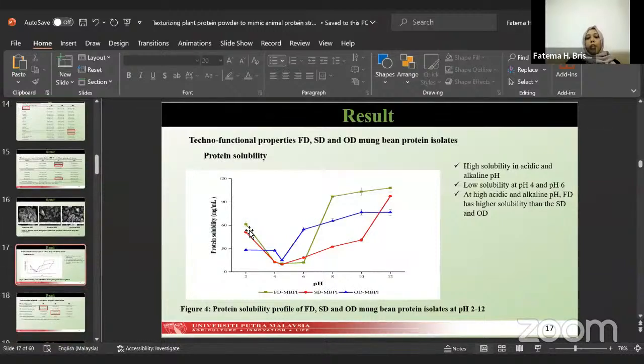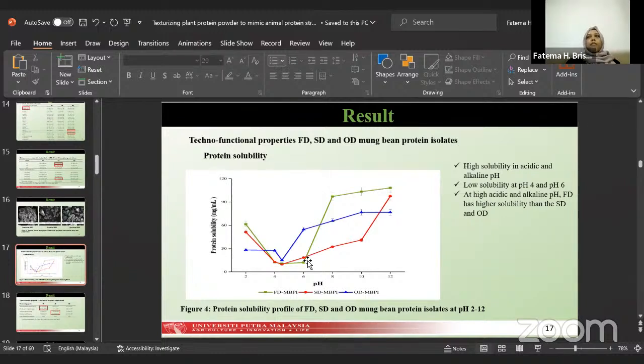Okay, so protein solubility just generally means how much protein can be solubilized in water. The solubility of protein is highly dependent on its pH. Usually, bean-based proteins are highly solubilized in acidic and alkaline conditions, and in neutral condition, they do not tend to solubilize much.